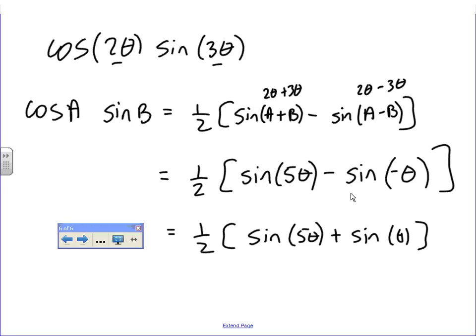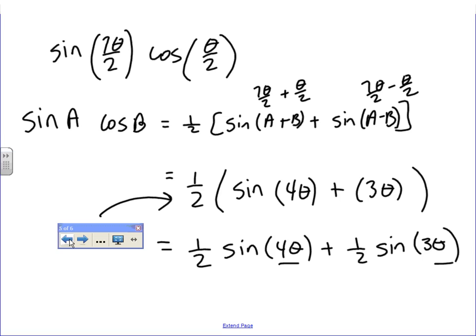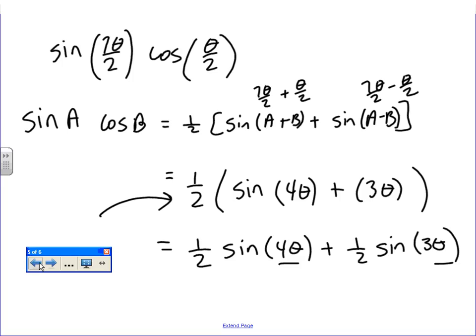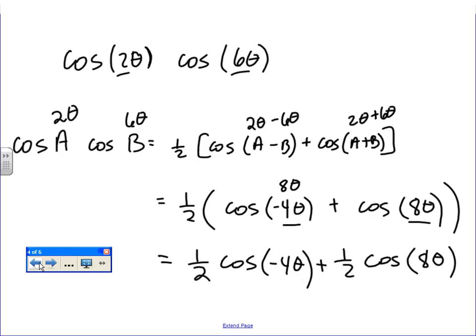Okay, so let's see if we can maybe go back and look at that on other problems too. I didn't really see it happen there. Notice on this one, we've got cosine of negative 4 theta. Remember what we've said, the cosine of negative theta is just cosine of theta. So I probably could have gone a step extra here and written that as cosine of 4 theta.